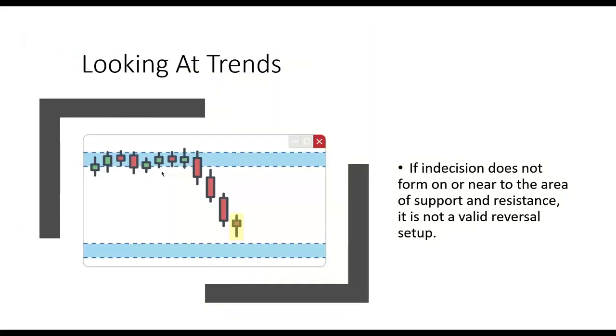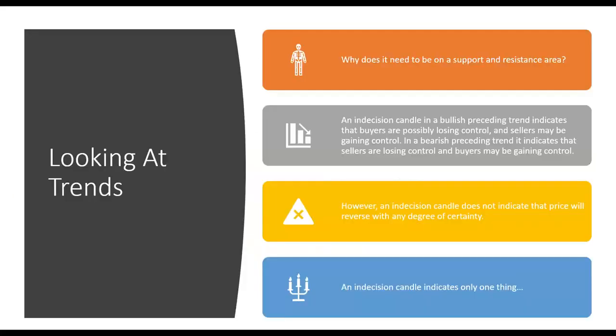If indecision does not form on or near the area of support or resistance, it's not a valid reversal setup. Why does it need to be on the areas of support or resistance? Well, an indecision candle in a bullish preceding trend indicates that buyers are possibly losing control and that sellers may be gaining. However, an indecision candle does not indicate that price will reverse with any degree of certainty.